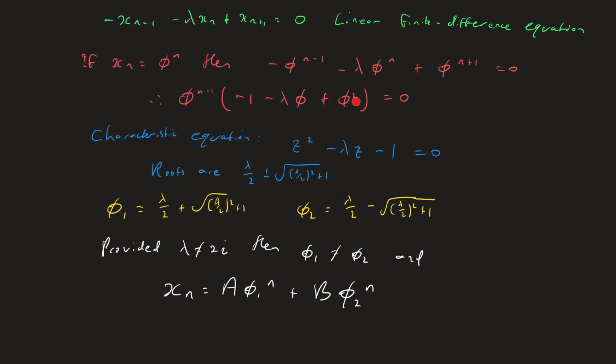Being a quadratic, in general, there are two distinct solutions phi that will lead to solutions of this form here.